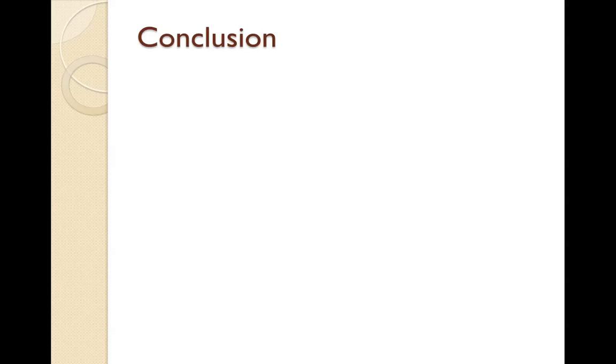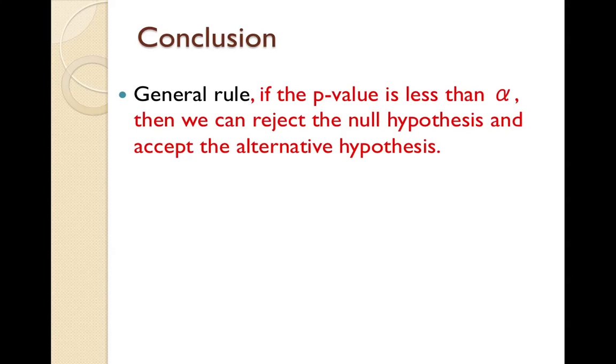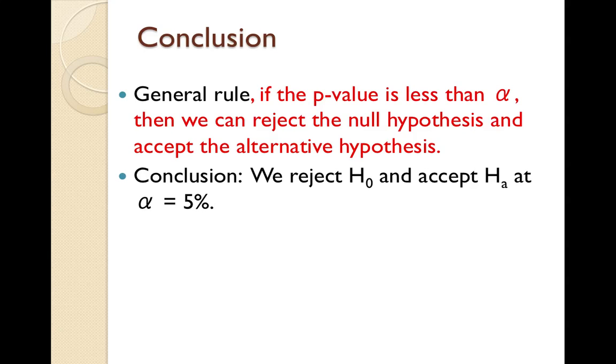In this problem, because our p-value was smaller than alpha, we are going to reject the null hypothesis and accept the alternative hypothesis. So our conclusion should be stated as: we reject H0 and accept HA at alpha equal 5%. In general, we're looking for a p-value that's less than alpha, and if we get that, we are going to reject the null hypothesis and accept the alternative hypothesis.